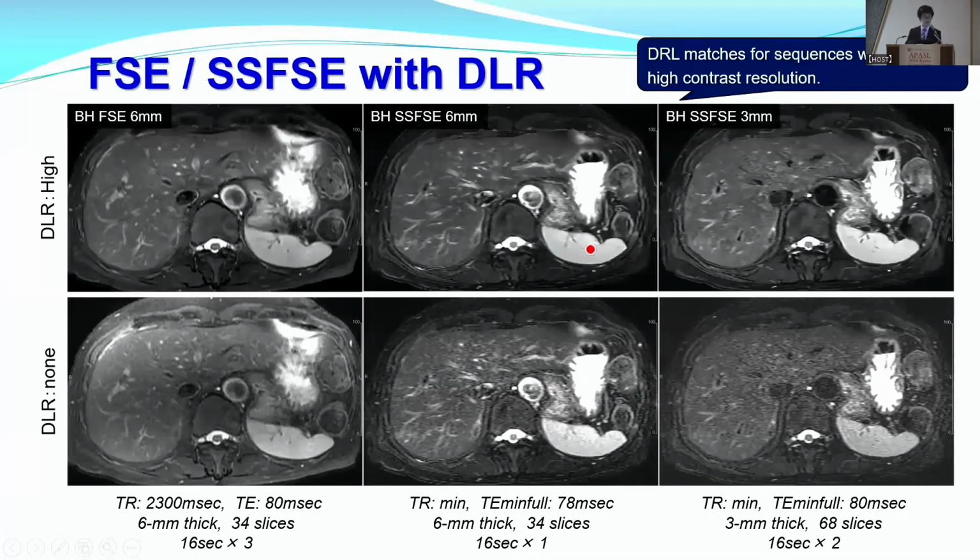On the other hand, after applying deep learning reconstruction, these T2 weighted sequences have higher image quality by reducing image noise, especially on the single-shot fast spin echo image.